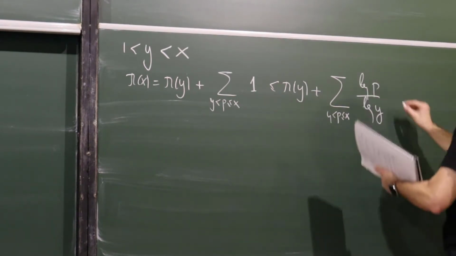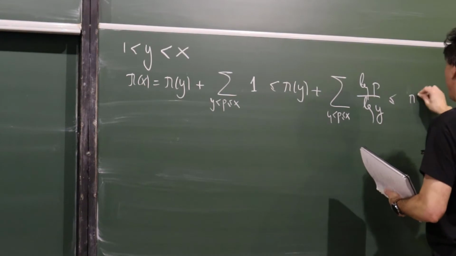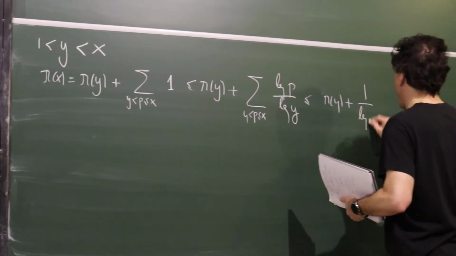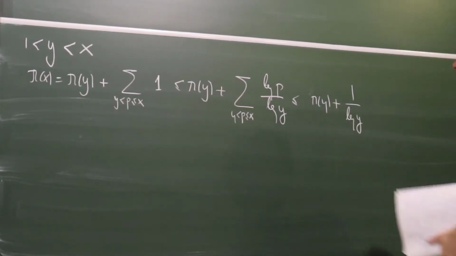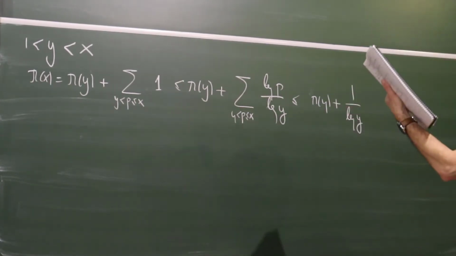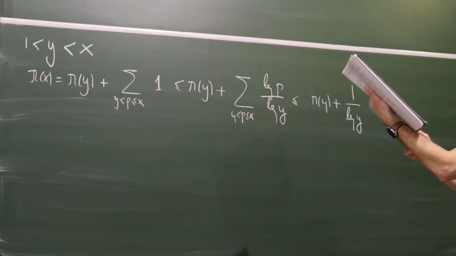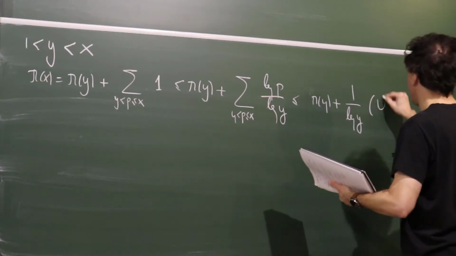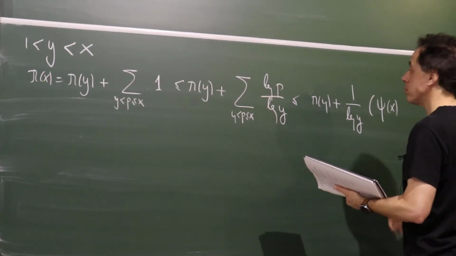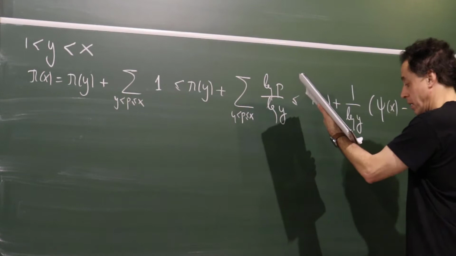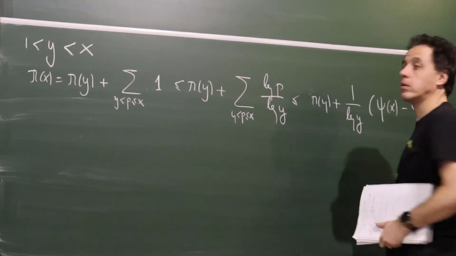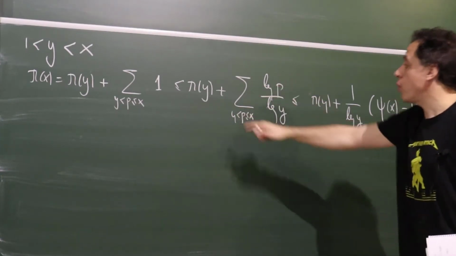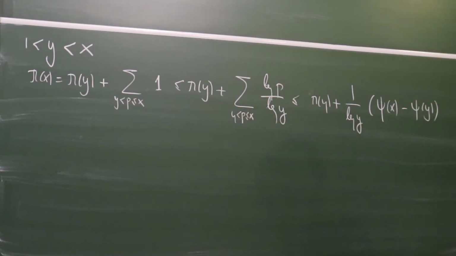Okay, and this is smaller or equal than pi of y plus 1 over log y times the sum of log p over primes p between y and x.